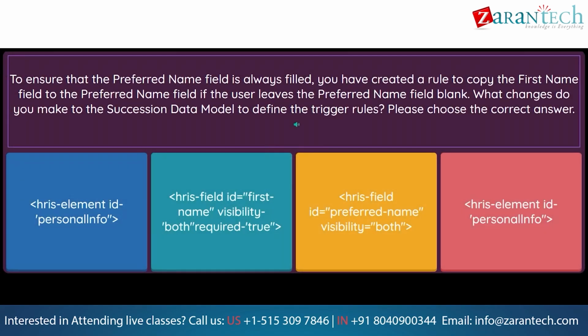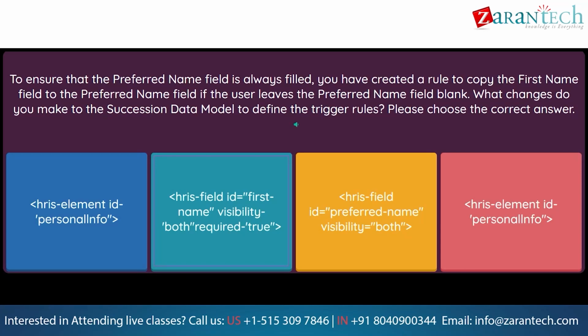Question: to ensure that the preferred name field is always filled, you have created a rule to copy the first name field to the preferred name field if the user leaves the preferred name field blank. What changes do you make to the succession data model to define the trigger rules? Please choose the correct answer. Option 1: HRIS element ID equals personalInfo.